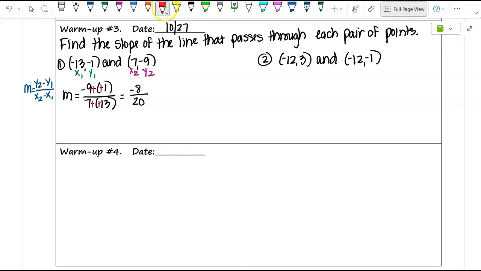This can be reduced. 4 goes into both of these. So my slope equals negative 2/5, which means we'd put the negative and then the 2/5. We have to make sure anytime we are dealing with slope and we can reduce, we have to reduce.